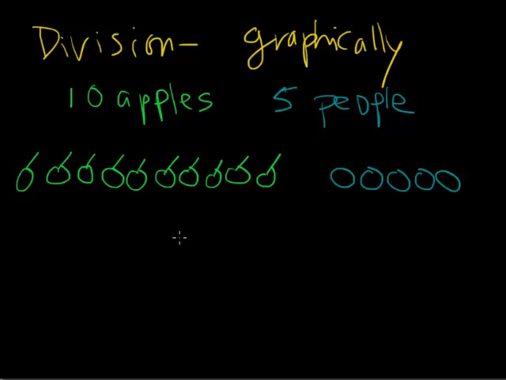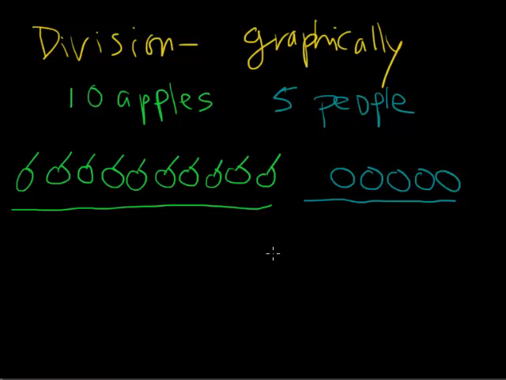Okay, so now we're going to look at division, and we're going to also look at it graphically. Division again means to distribute. So let's say you have 10 apples. How would you be able to hand them out to 5 people evenly?